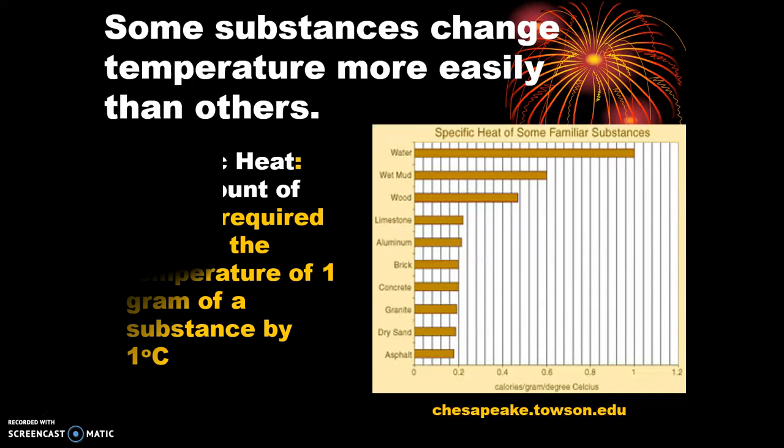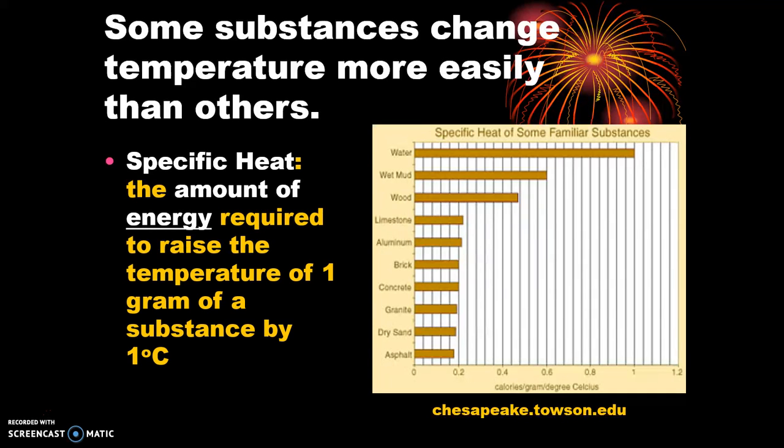Specific heat is the way we can measure how willing a substance is to accept or give away that thermal energy. Specifically, it is the amount of energy required to raise the temperature of 1 gram of that substance by 1 degree Celsius.